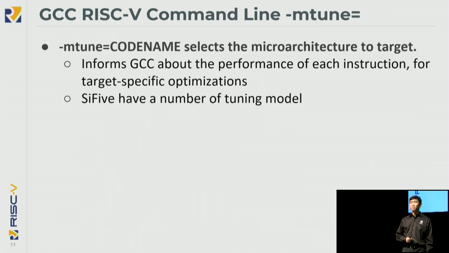The last -m argument to the RISC-V command line is for tuning, which is to inform GCC about the performance of each instruction for a particular target. Now at SiFive, we do have some tuning models.